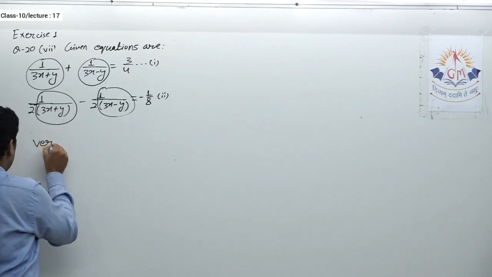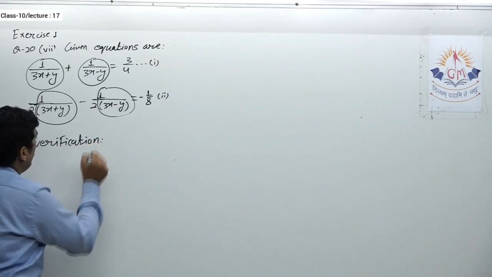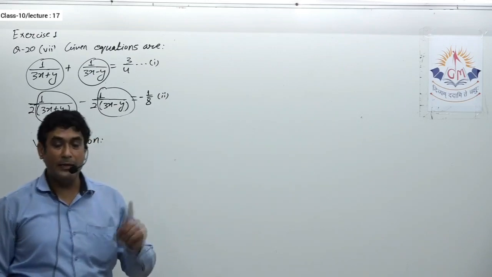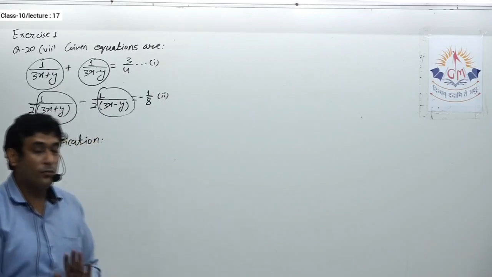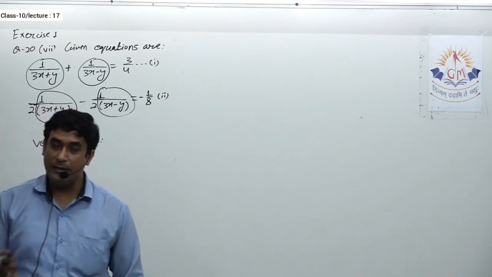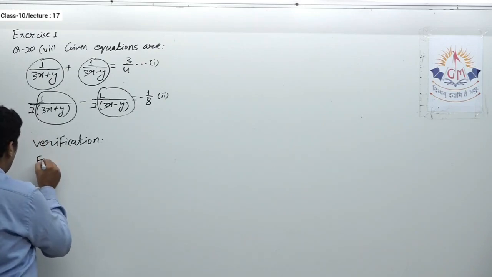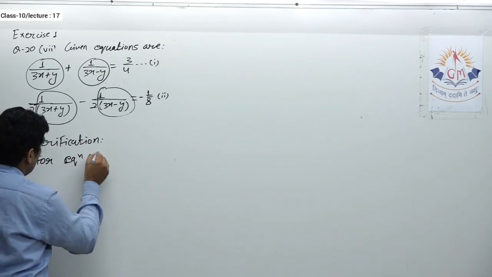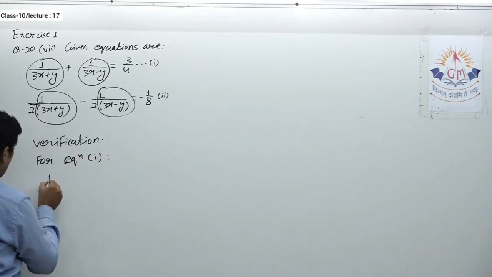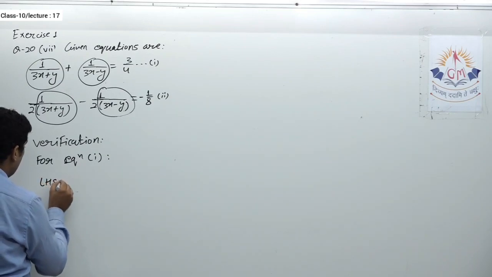Verification. Whenever you have to verify your answer, you have to verify with both the equations, and keep it in your mind that whenever you have to verify, you have to solve left hand side and right hand side separately. Okay, so verification for equation 1. We'll start with the left hand side.